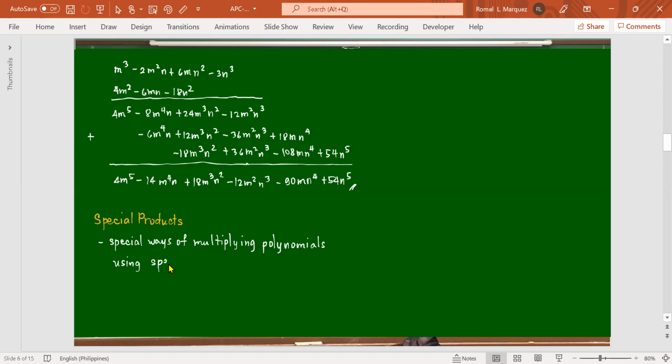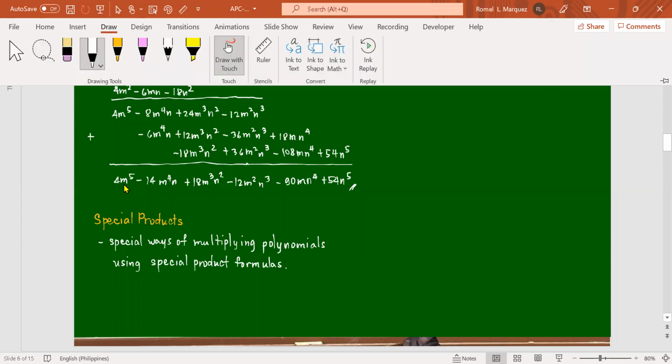Special product formulas. We are going to use formulas here. Meaning, you have to identify a pattern. If there is a pattern that will fall in the special product formulas that I'm going to list, you can apply this method. Okay, children?